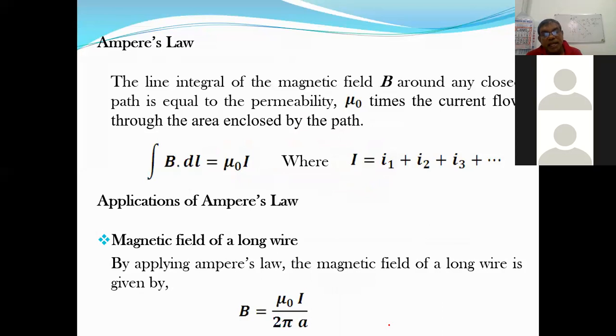Ampere's law. And there is another way of representing the Ampere's law.